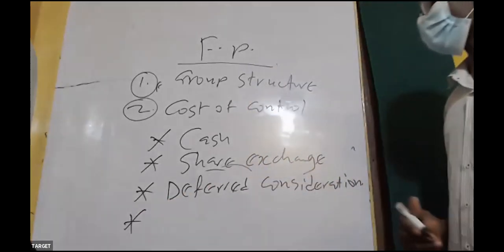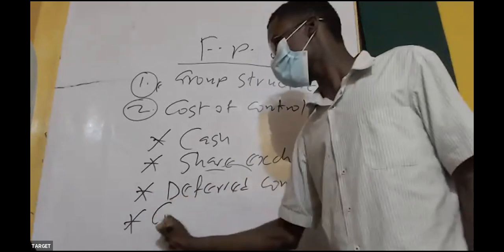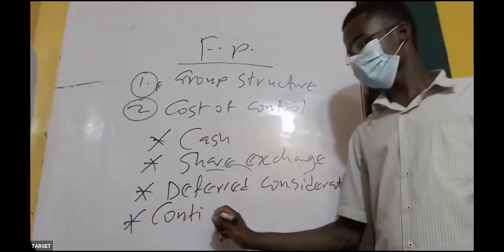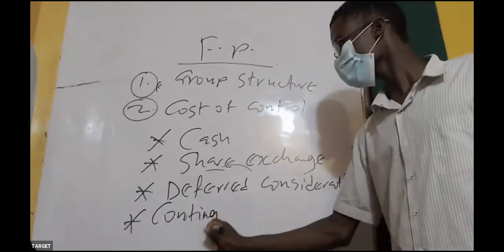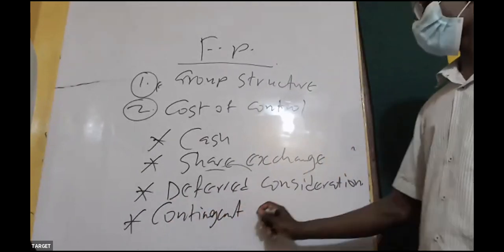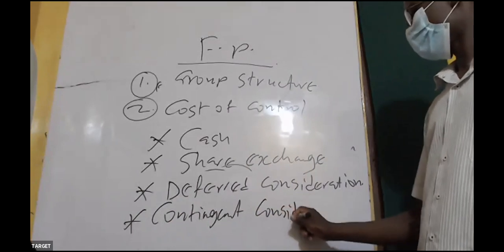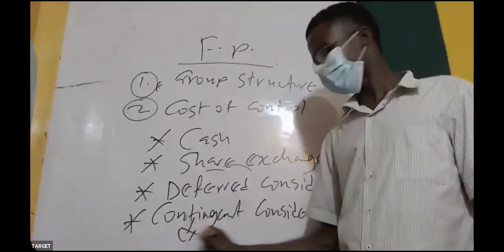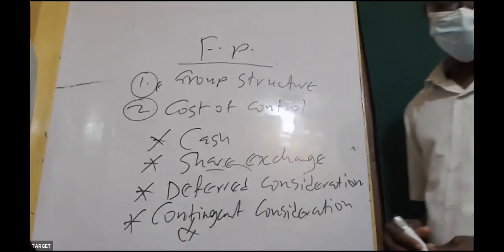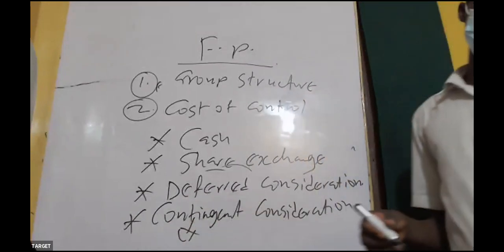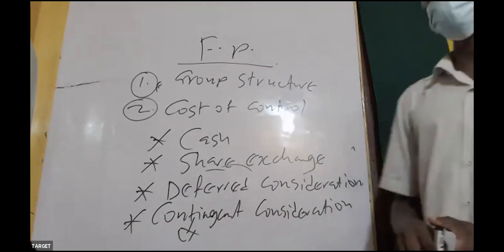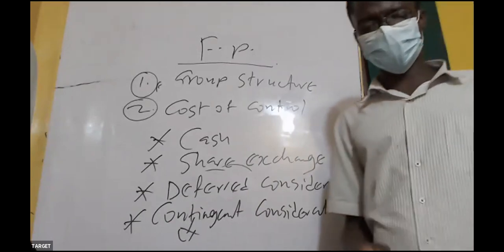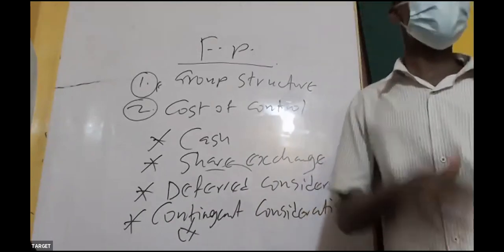Then you can also have what you call contingent consideration. Contingent consideration, meaning that here the consideration is upon a condition. So I will pay you an extra 50 cedis if your profit after tax is more than mine.